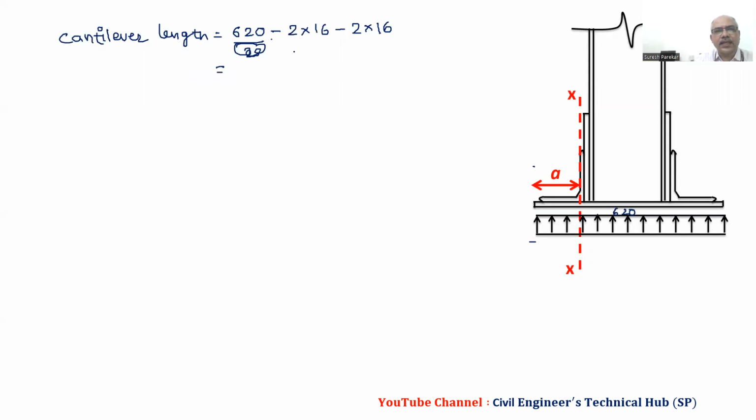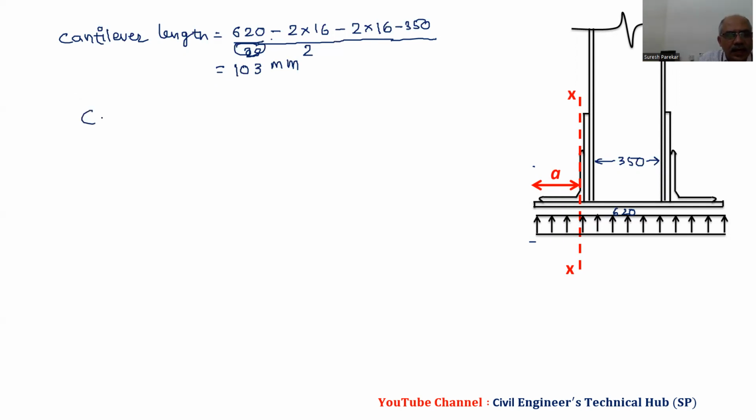We also have to subtract this 350. So we have 620 minus 32 minus 32 minus 350 divided by 2. It comes 103 millimeters.